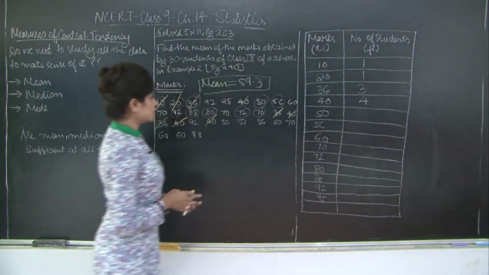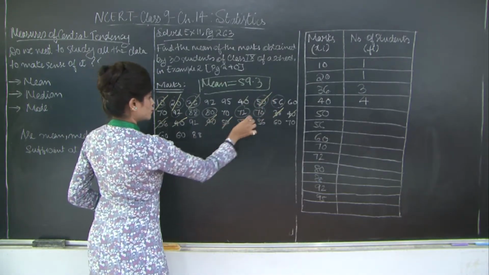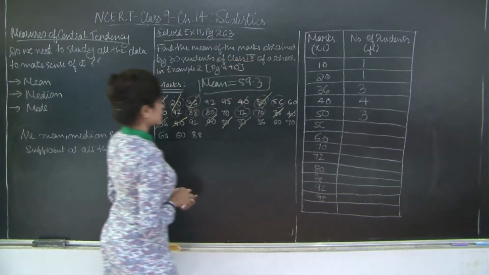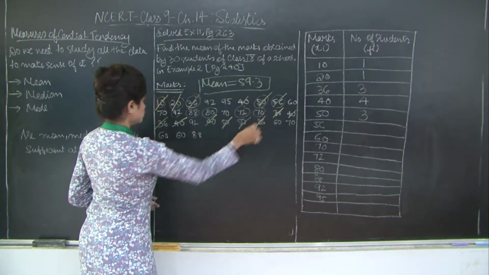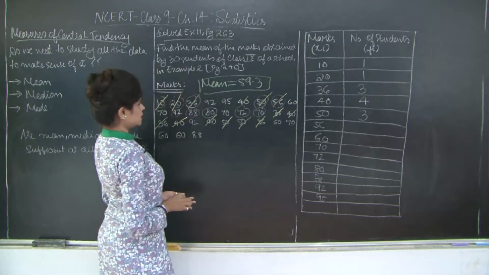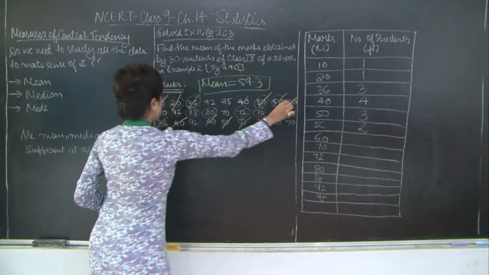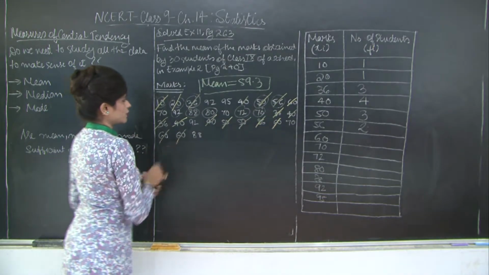Let's check for 50. So in the first row 1, 2, 3. Then 56, 1, 2. Anything else? We have 2. Then 60. I have 1, 2, 3 and 4.